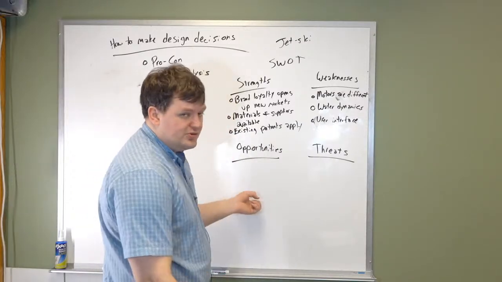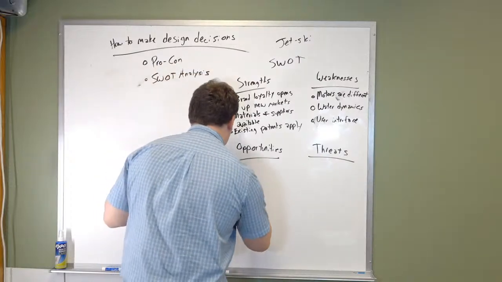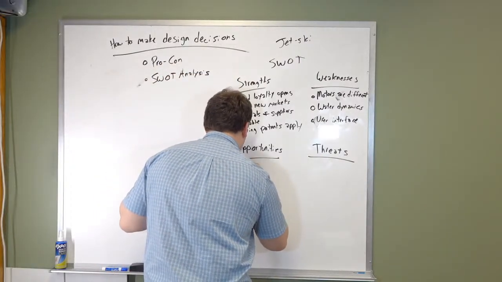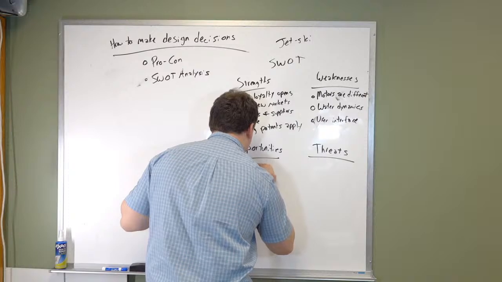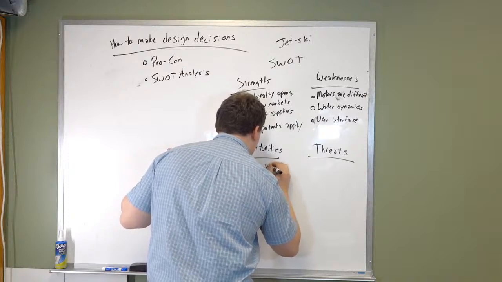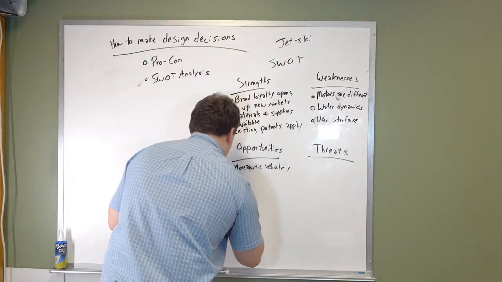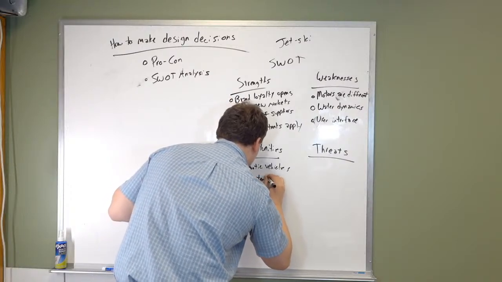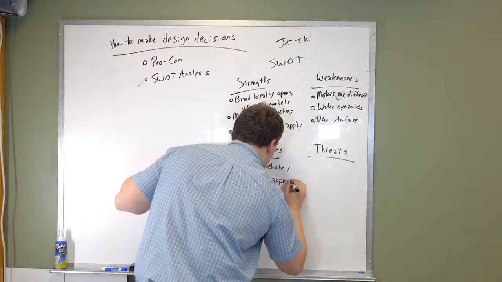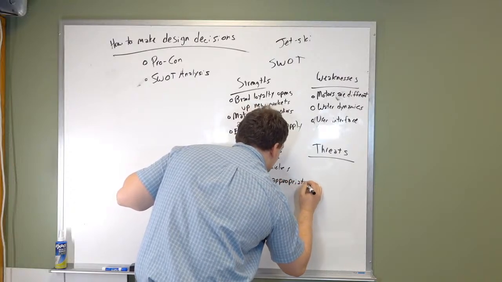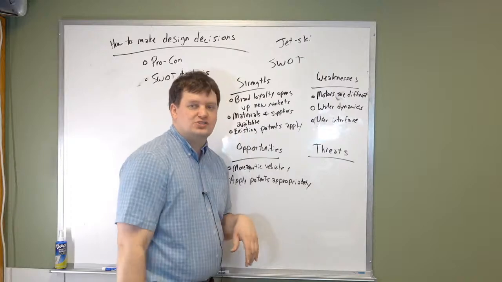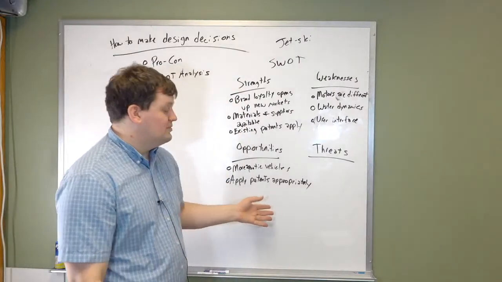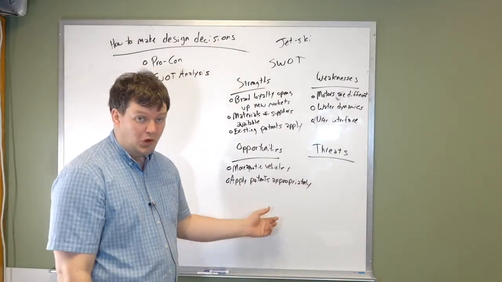Now, the opportunities that are offered by this are more aquatic vehicles, to apply patents appropriately. If you have patents in impact prevention or mitigation or energy absorption, you're going to want to use those in more than just one area.